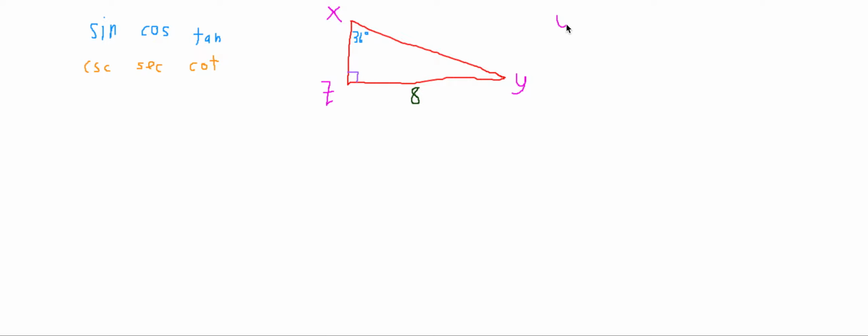So we're going to solve for Y. Y is going to be equivalent to 180, because that is the sum of all the angles in a right triangle, or any triangle in particular. So that's going to be 90 plus 36.